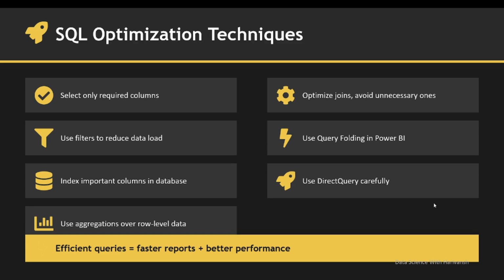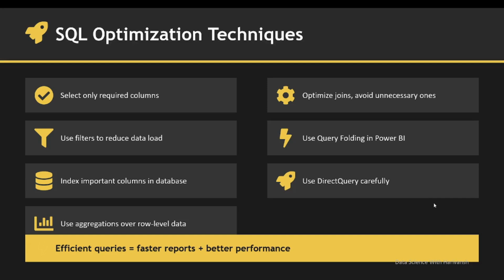The fourth technique is to use aggregations over row level data. When your report only needs summarized data such as total sales per month per region, there is no need to import millions of individual transaction rows and aggregate them inside Power BI. Instead, perform the aggregation at the SQL level by using group by with aggregate functions like sum, count, and average in your query.